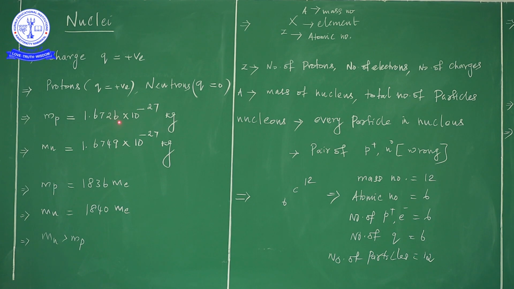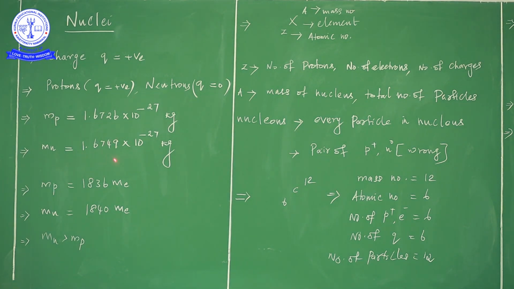Okay, then mass of the proton. Here mass of the proton is 1.6726 into 10 power of minus 27 kilogram, so very low mass. And actually we know about the mass of the particles: mass of the proton, mass of the neutron and mass of the electron. Mass of the electron is 9.11 into 10 power of minus 31 kilogram. That means when we consider the mass of the electron, it should lie in the range of 10 power minus 31, but when we calculate the mass of the proton and the mass of the neutron, it should lie in the range of 10 power of minus 27 kilogram.